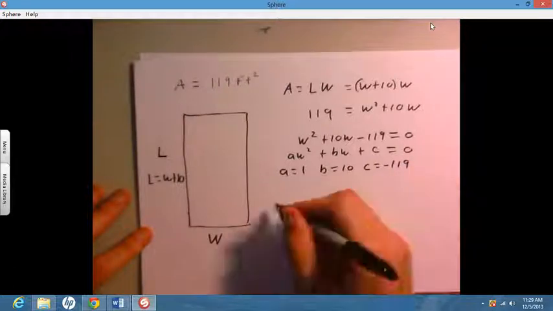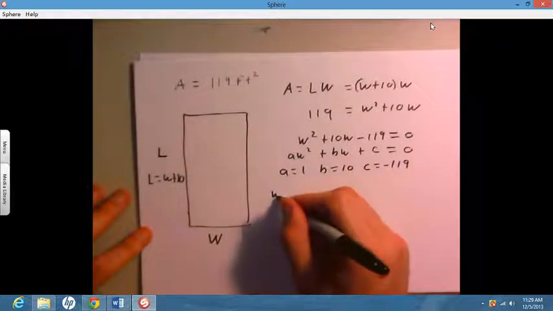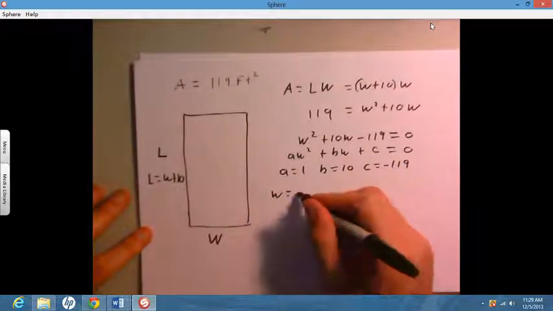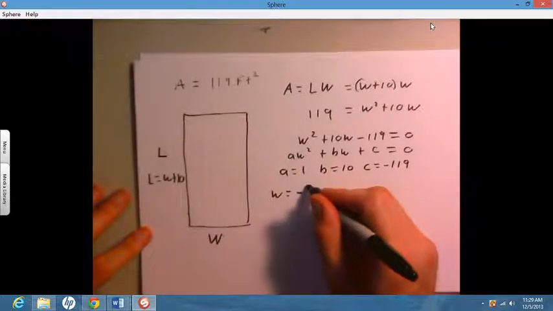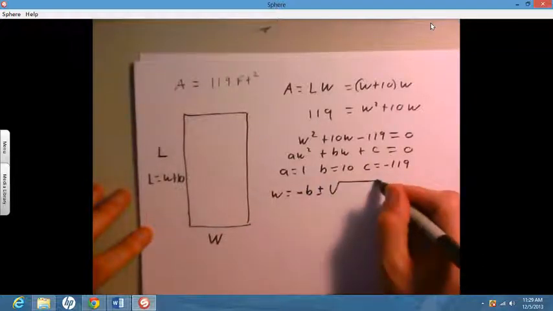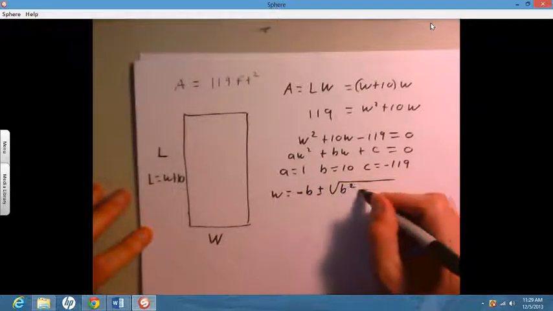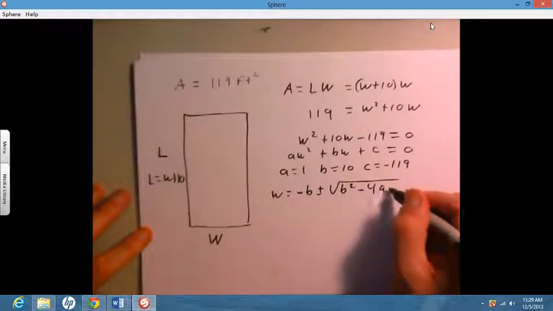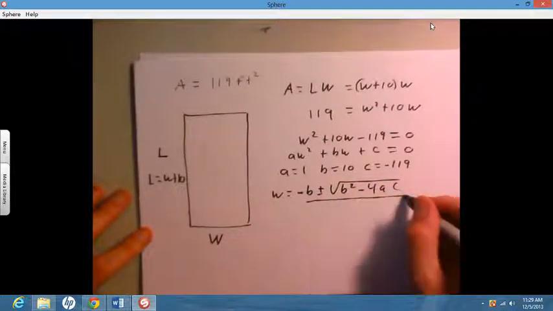So we have w, using the quadratic formula, because it's a quadratic equation in standard form, is equal to negative b plus or minus the square root of b squared minus 4ac, all divided by 2a.